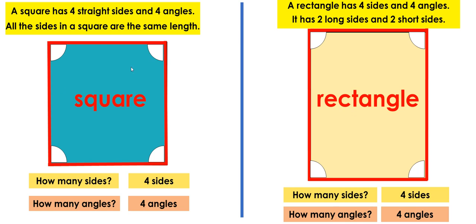Okay, so what's the difference between square and rectangle? The difference is that it has 2 long sides and 2 short sides. Do you see this side is long as well as this one? And these 2 sides are shorter. So they do not have the same length in all sides like the square.